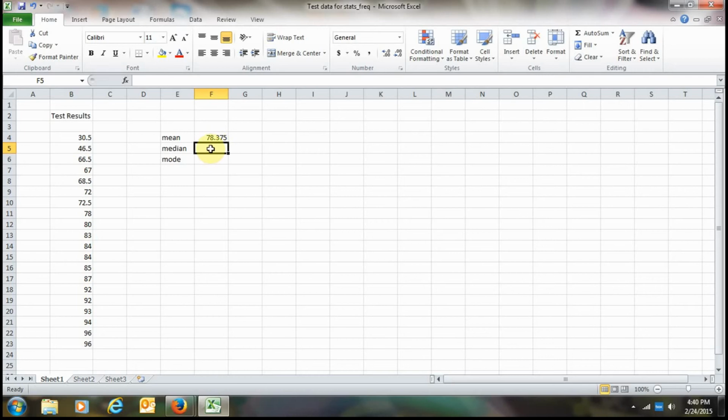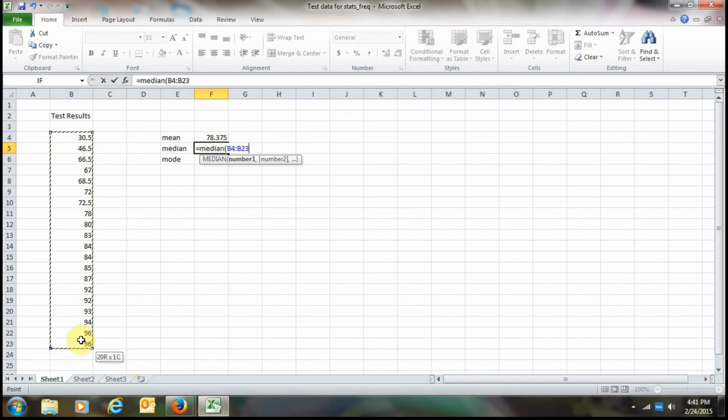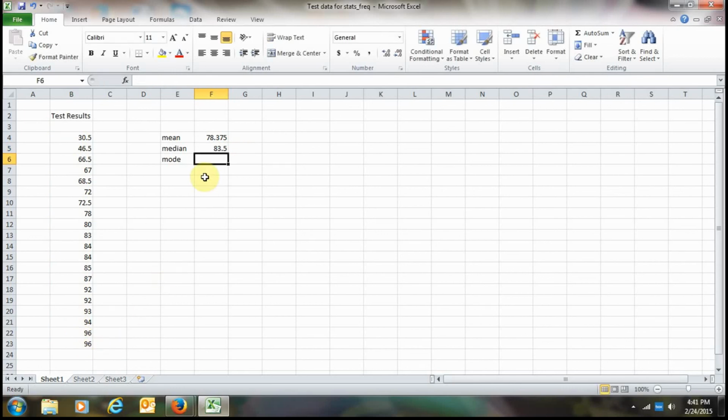But if I want to find the median, which is the middle, this time we actually get to use the word median. Open the parentheses, highlight the data, and it tells me it's 83.5. Well, let's take a look at that. 83.5. Apparently, the middle of the data would be right between 83 and 84.